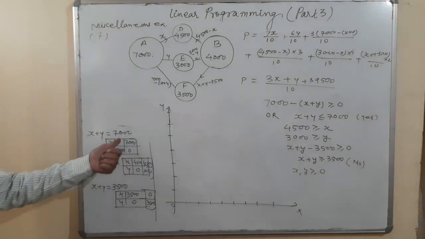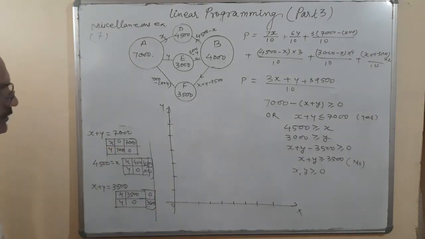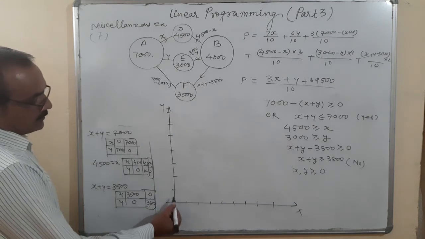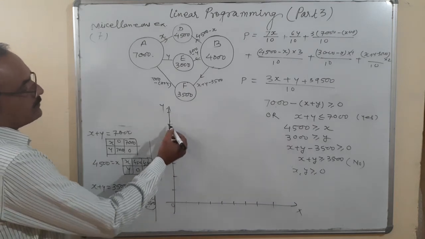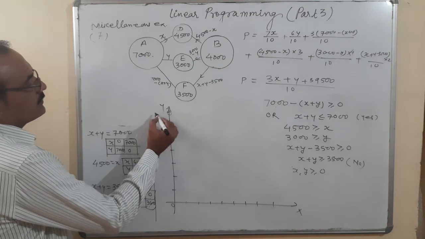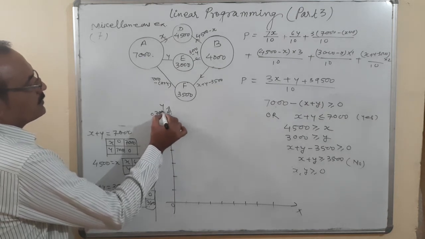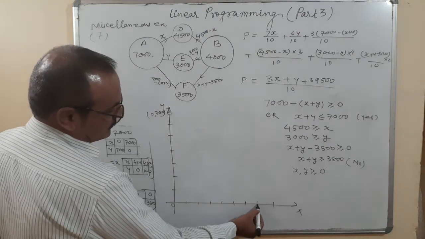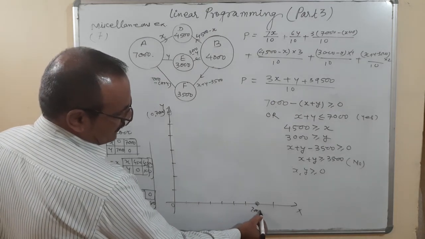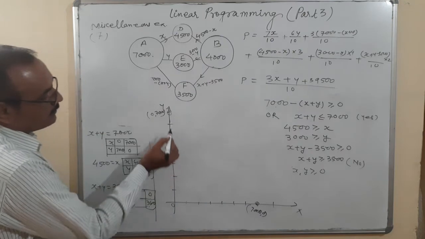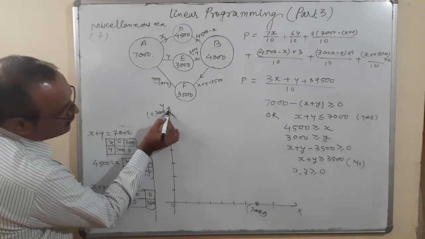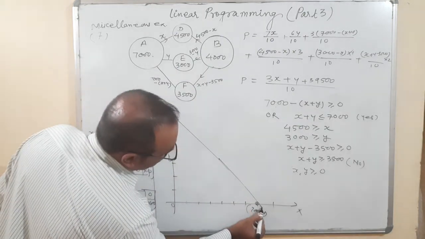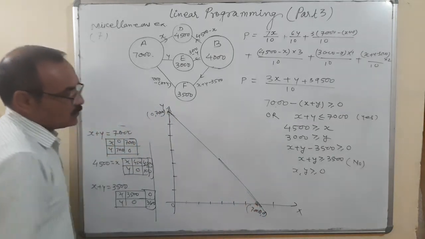This is first. x plus y is equal to 7000: x 0, y 7000. 1, 2, 3, 4, 5, 6, 7. 0, 7000. 1, 2, 3, 4, 5, 6, 7. 7000, 0. This is 1.